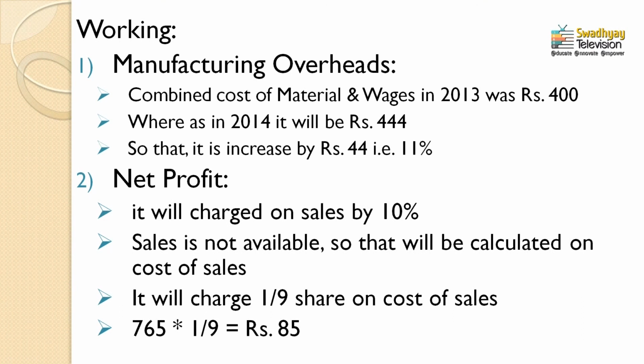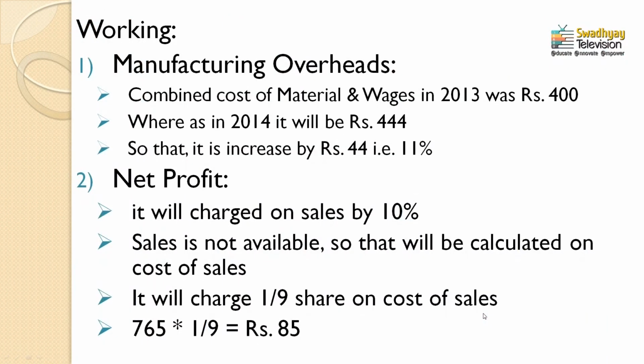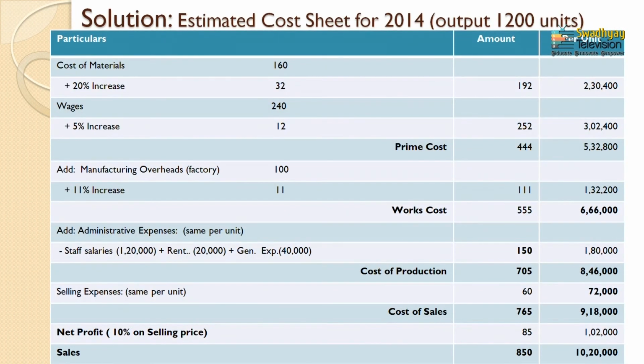So see here, the cost of sales per unit of the estimated cost sheet is 765 rupees. This is your cost of sales. Now as per the formula we designed, if it is 10% on selling price, then 1/9 share of cost price, so 765 multiplied by 1/9 share comes to 85 rupees profit. So now 85 rupees is your profit, which would be added to the cost of sales.